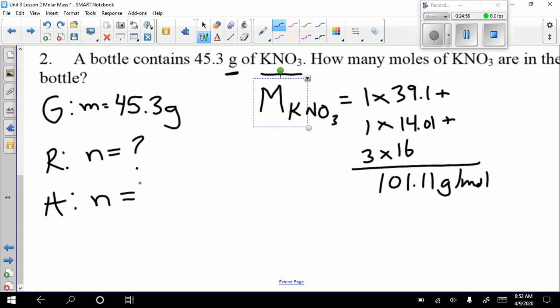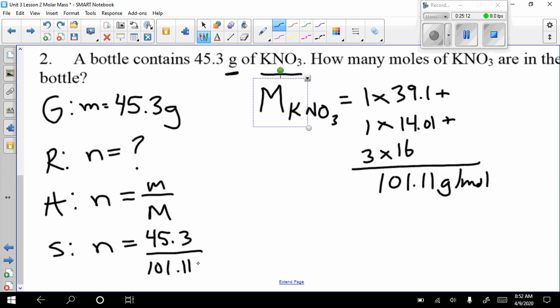My formula is n is equal to the sample mass divided by the molar mass, and then I'm going to sub and solve into that, and so I go 45.3 divided by 101.11, that's grams, and that's grams per mole.